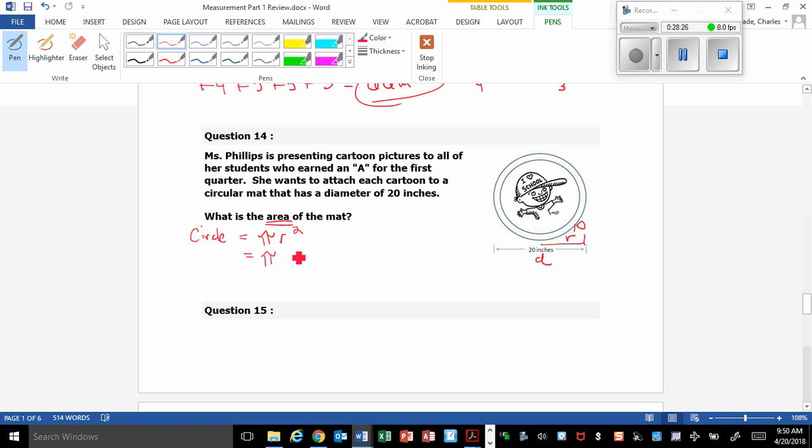Pi, and then remember, do the exponent first. So you're going to get 10 squared, which is 100 pi. And let's go ahead and just use 3.14. So it's going to be 314 inches squared.